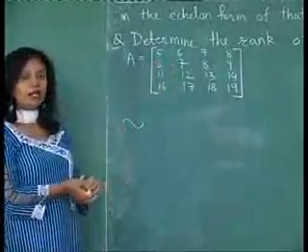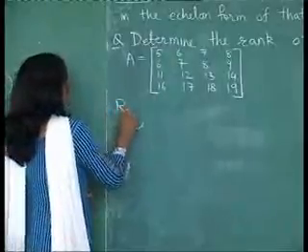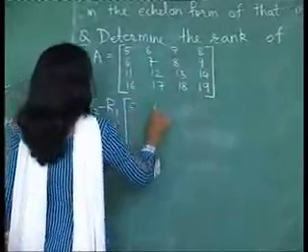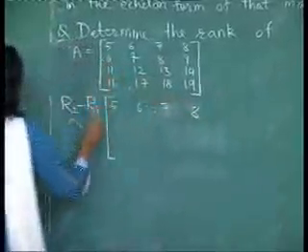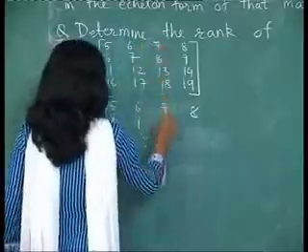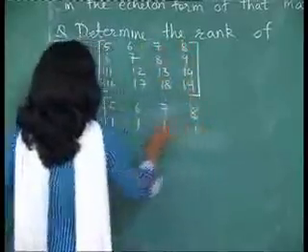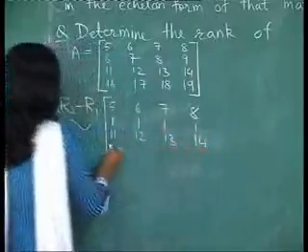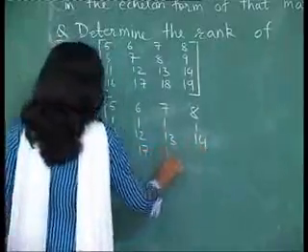What we can do is R2 minus R1. If we do R2 minus R1, we'll get 1. 7 minus 6 is 1, 8 minus 7 is 1, 9 minus 8 is 1. Yes, I guess that's going to make life a little easier.